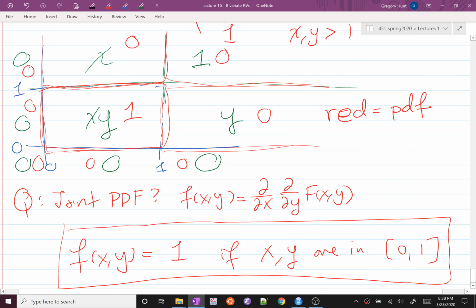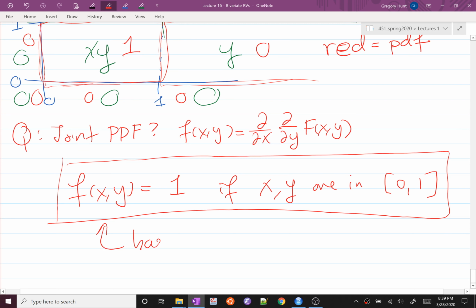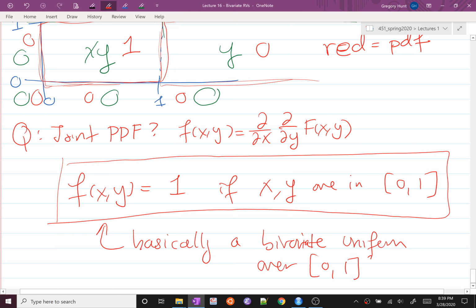And so this is basically a bivariate uniform over the unit square, the 0 to 1 square.